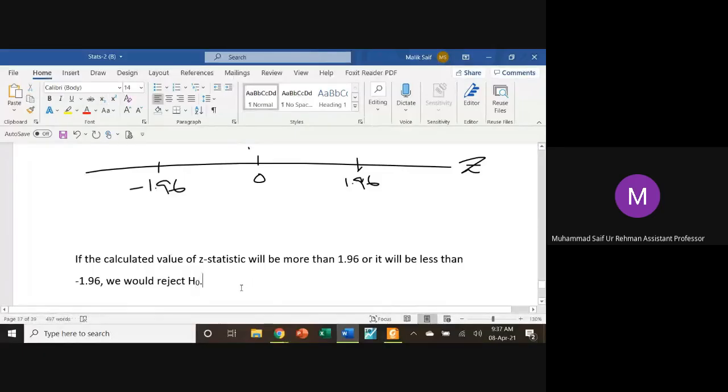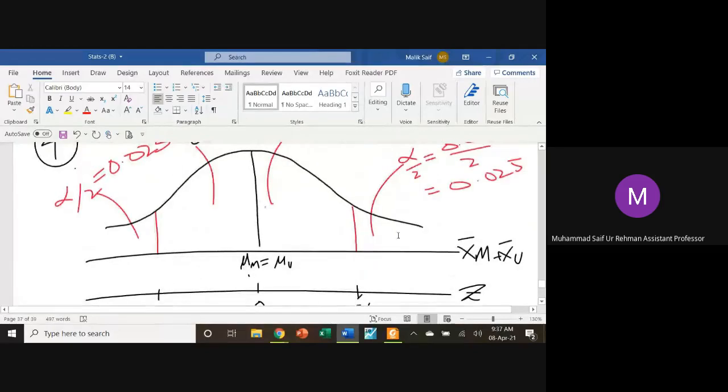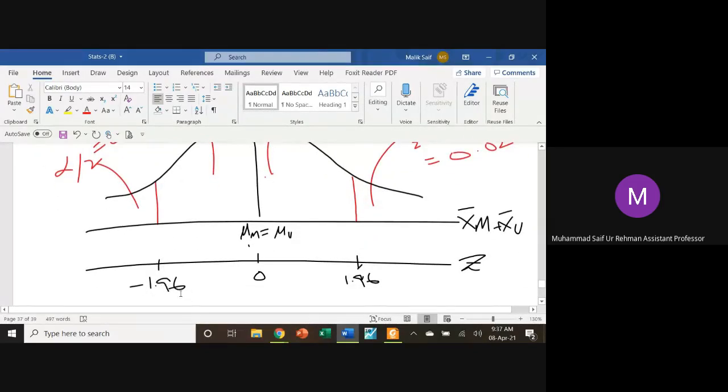So two rejection regions are there basically in this situation. If the value exceeds this value, you will be here, reject H naught. If the value is less than this value, you will be in this region, reject H naught.